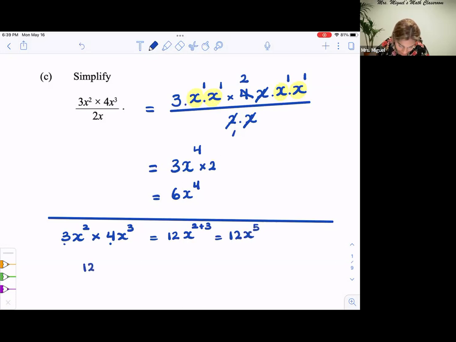Now I have to divide 12x to the power 5 by 2x. This is going to cancel and give me 6. And because the base is the same and I am dividing, I will take away 1 from 5 and get 6x to the power 4. So whichever answer you prefer, it's fine, right? Just make sure you can multiply and you can divide indices because they say they are bringing indices in the 2022 June paper.